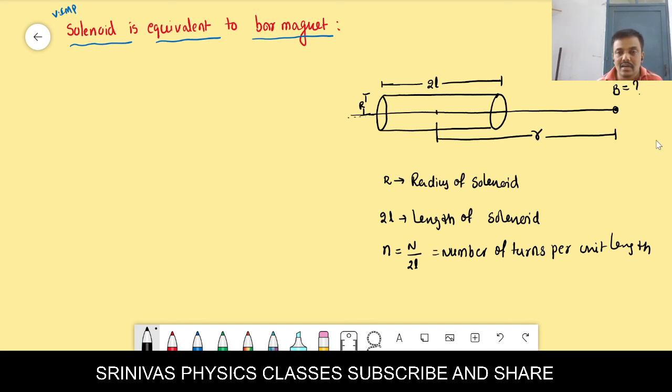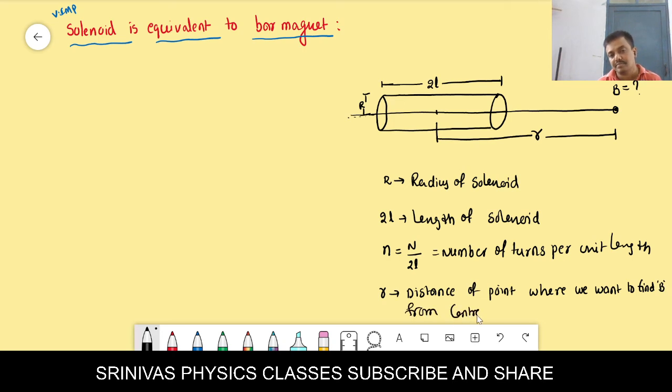And small r is the distance on the axis, from the center of the solenoid, of the point where we want to find the magnetic field B. Very simple it is.